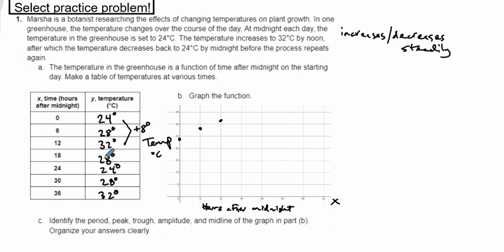Then we come back down to 28, and then we go to 24 degrees at midnight the next day. Then we basically repeat the same thing, there and there. We did not do 42 hours, but we could assume it's going to be here if it's periodic.